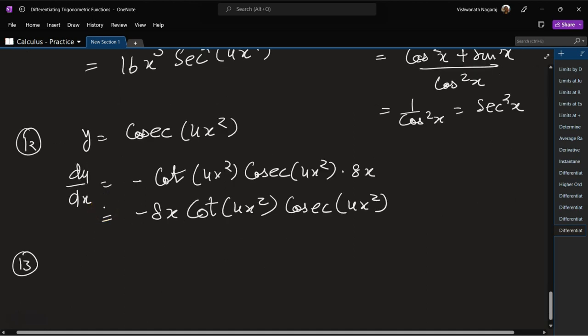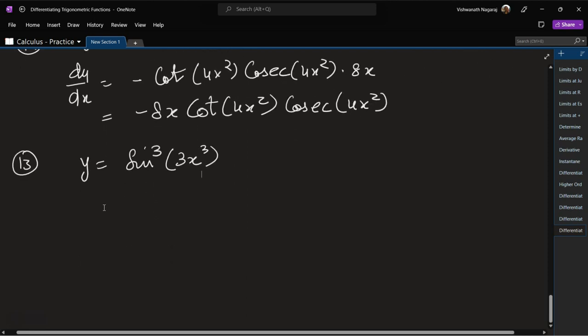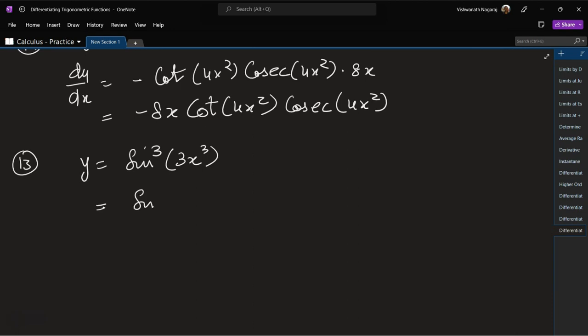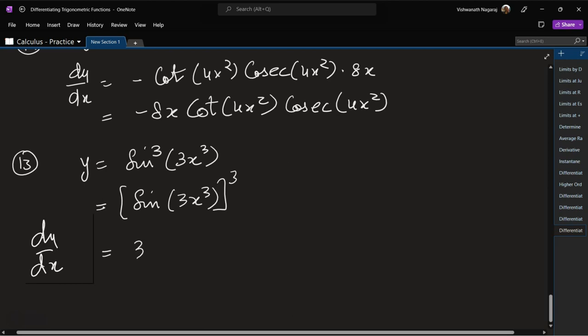13th one. Y is equal to sine cube of 3x cube. Again, don't panic, we can always write this as sine of 3x cube to the power of 3, right? So we can apply the power rule first. So 3 sine 3x cube to the power of 2, 3 minus 1 is 2, times, now we have to do it for sine.